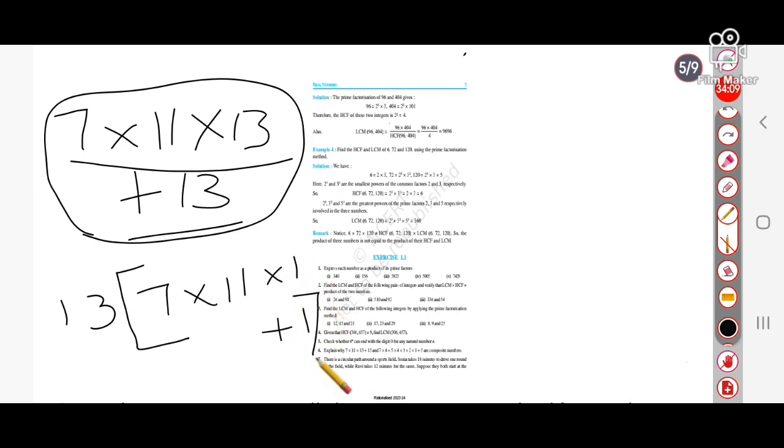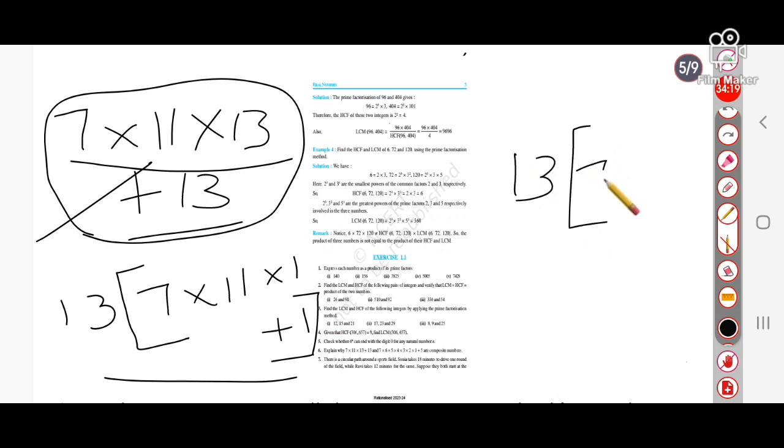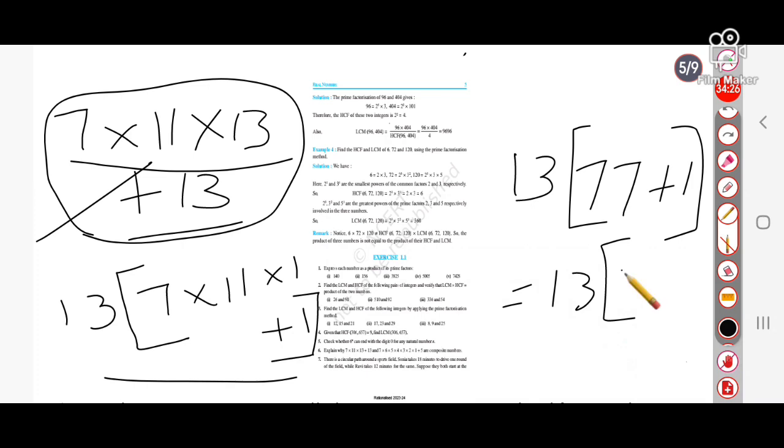Further we can simplify: 7 cross 11 is 77, plus 1, so it reaches 13 into 78.